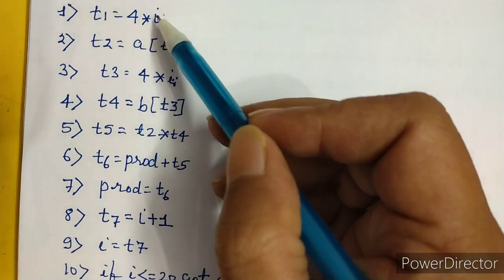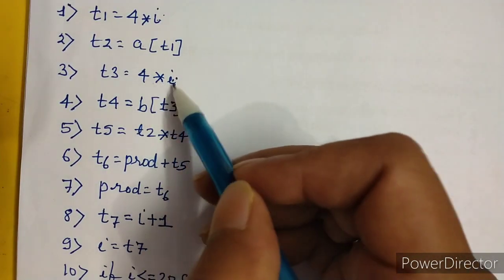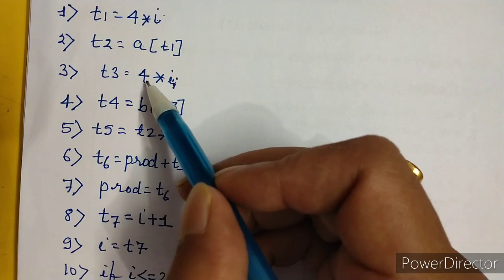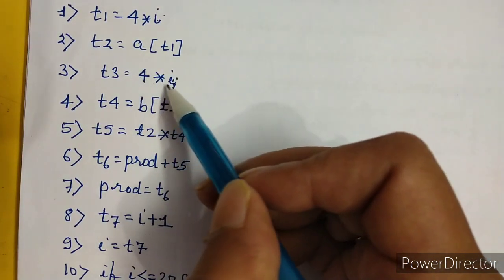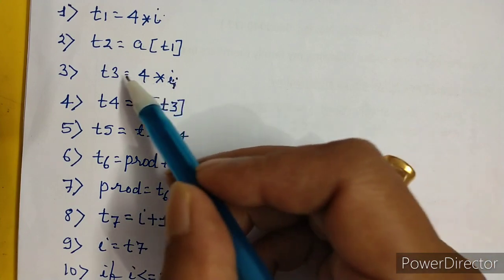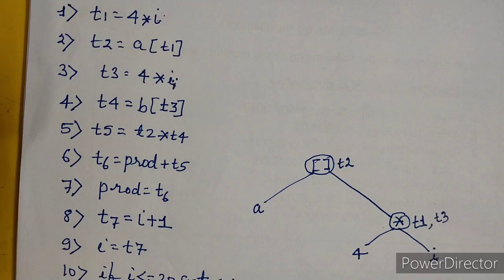Hence we can use the same I. So we have no need to construct nodes for 4 and I; we reuse them, and this node now also becomes T3.